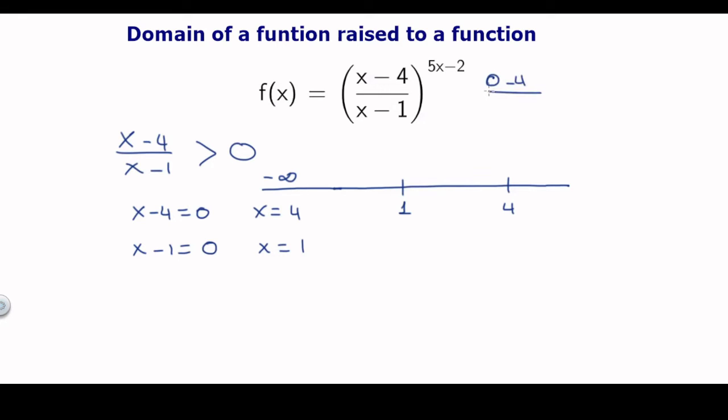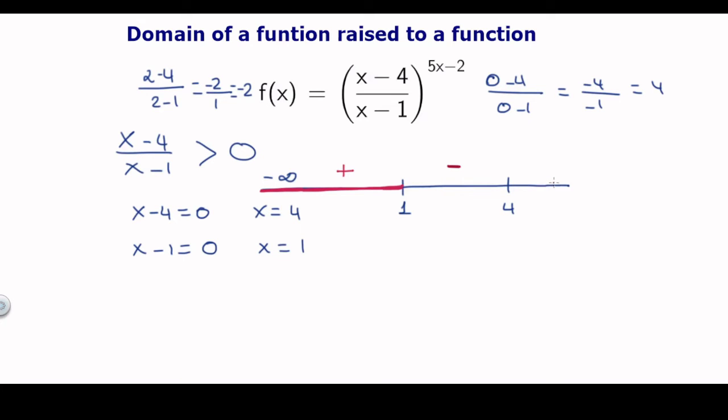0 minus 4 over 0 minus 1 is minus 4 over minus 1, which is 4, positive. We'll do the same with a number between 1 and 4, for instance, 2. 2 minus 4 over 2 minus 1 is minus 2 over positive 1, which is minus 2, negative.